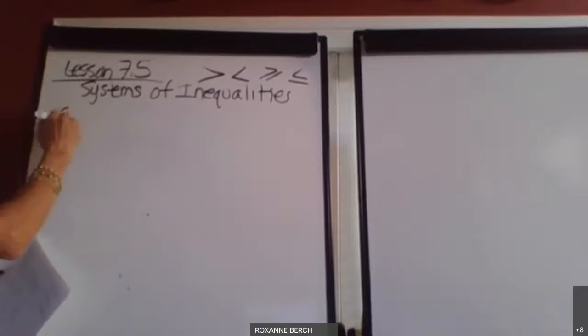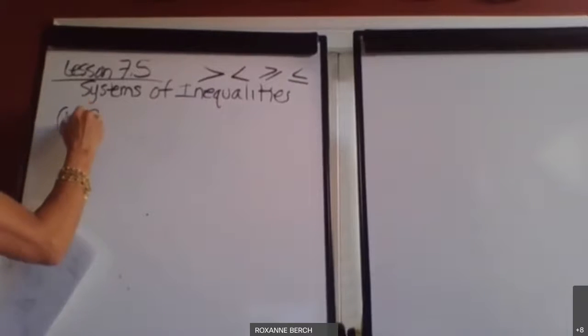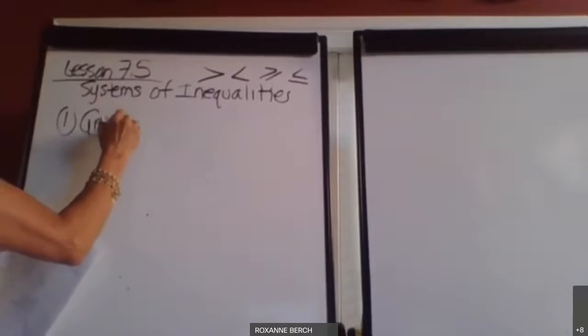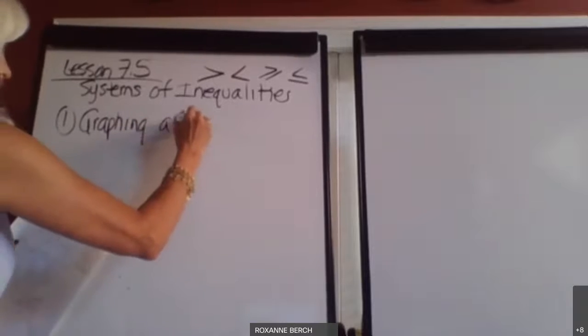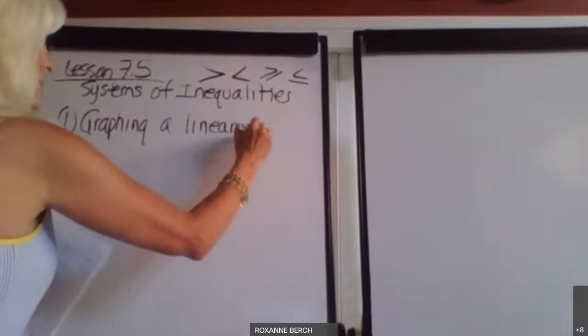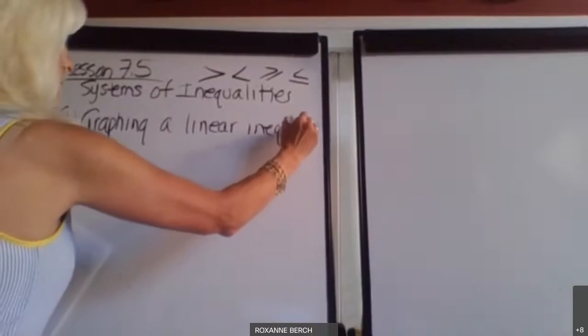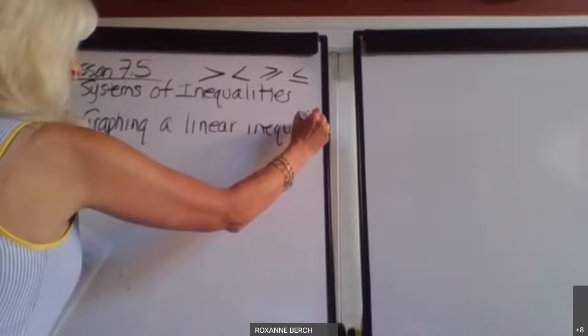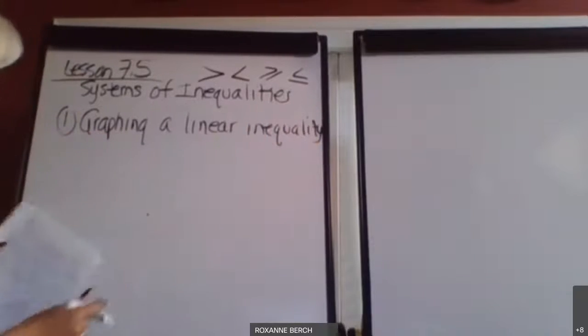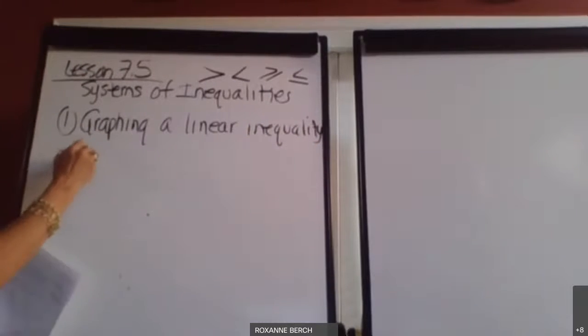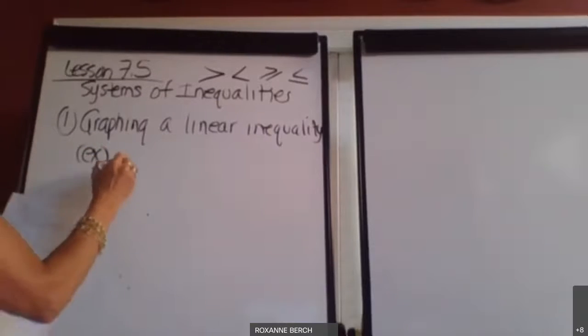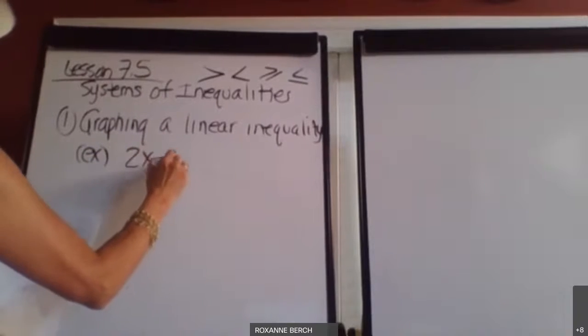So first of all, if we want to graph a linear inequality, I want to review this in case you never had it before. What you're going to have is a linear inequality.